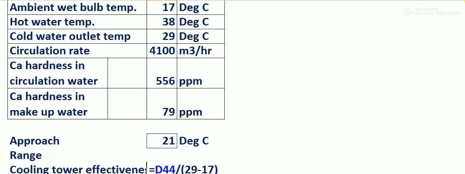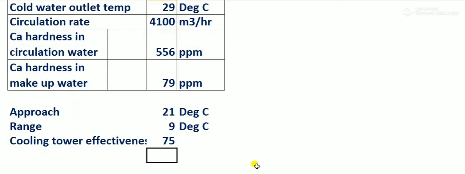Wet bulb temperature is 17. If you want, you can do it again also. That is approach divided by approach minus range. That is the case. Hot water minus cold water divided by hot water minus wet bulb into 100. It is our effectiveness.